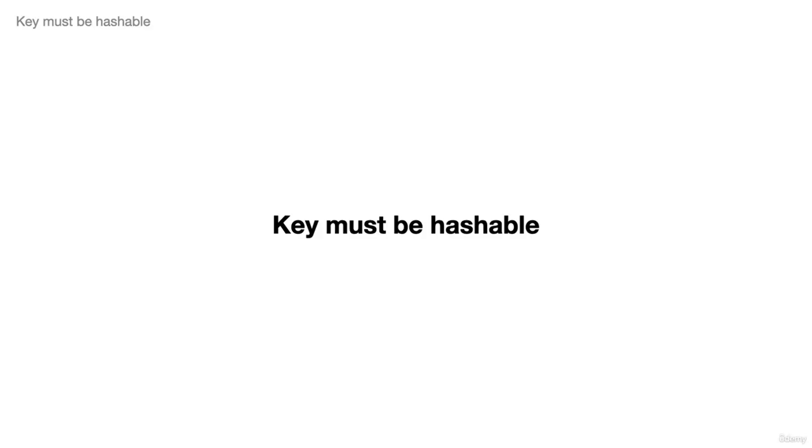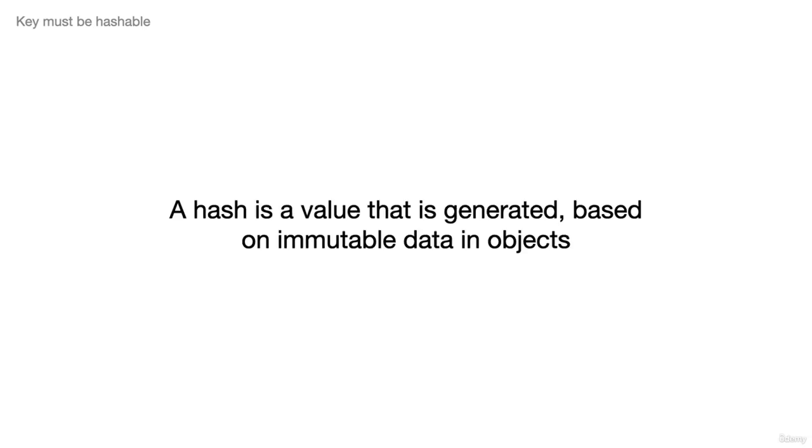You have seen that dictionary values can have different data types. The keys can also have different data types as long as they are hashable. What does that mean? Objects in Python have a hash value. This value is generated from immutable data in the object and needs to stay the same over the object's lifetime.